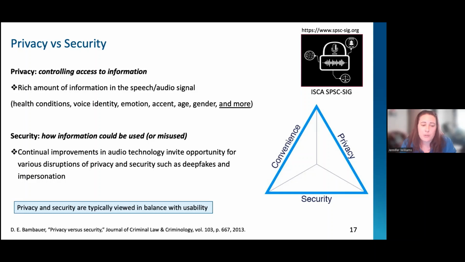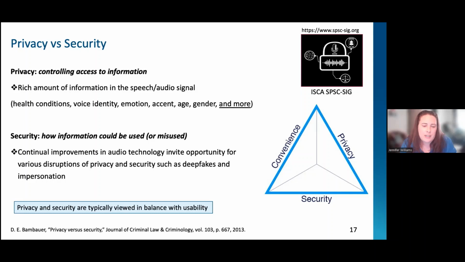You also get voice identity. In applications where voice is used for secure access, for example, with phone banking, where you say, my voice is my password, that's a form of voice identity using voice prints. You can also get information about a person's emotional state, their accent, which can potentially lead to discrimination, the age, gender, and many more other types of information.